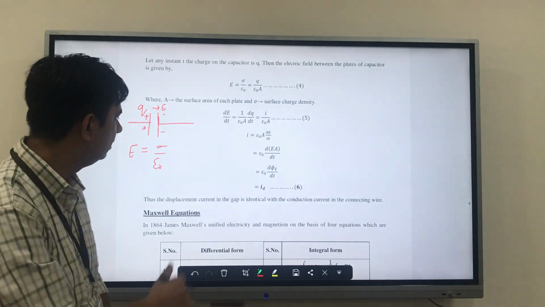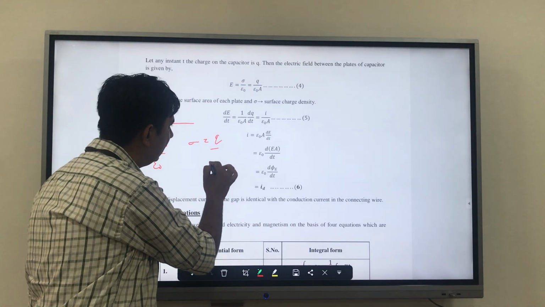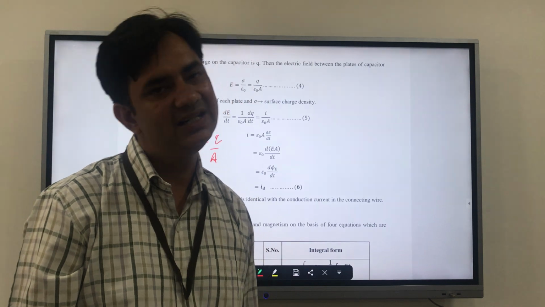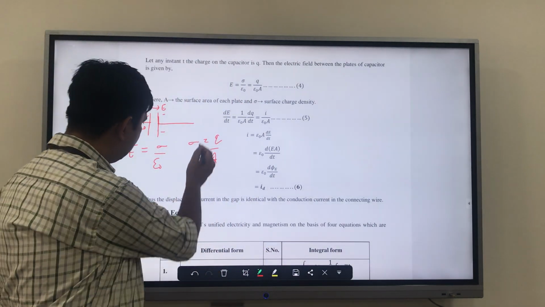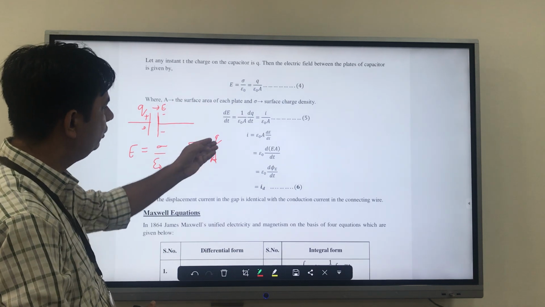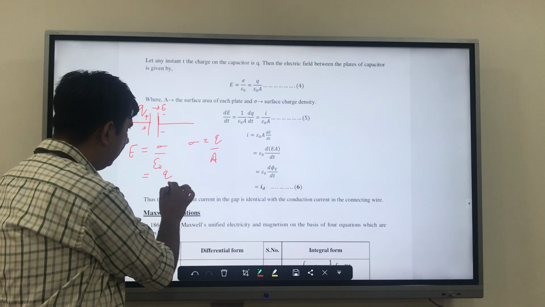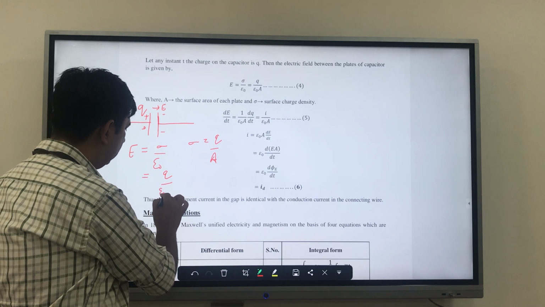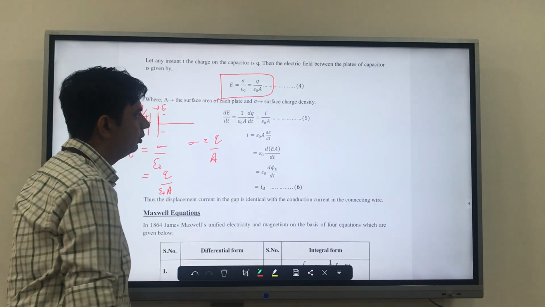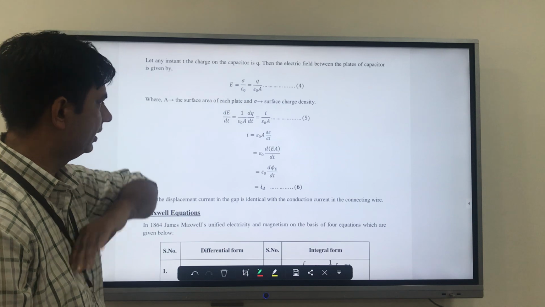And what is sigma? Sigma is nothing but Q by A, the surface charge density. So instead of sigma, we can use Q by A. I can write it as E equals Q upon epsilon naught A, and this is the fourth equation, where A is the surface area.